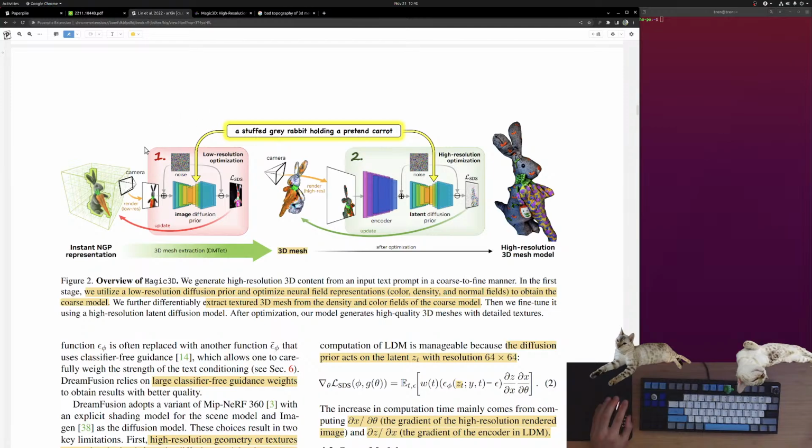So they're taking the first part that they already had and then applying the edited prompt. So you're still going to go through this high resolution, going from the lower resolution mesh to the higher resolution mesh. That is still the same. I don't think that's modified at all.